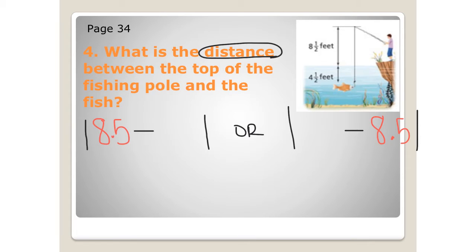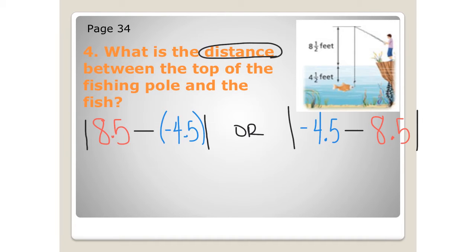That fish is underwater, so that 4½ needs to be negative. So I'm going to have -4 5/10, and I place it at the back, or I can place it to the front of the expression. Remember, distance is commutative.